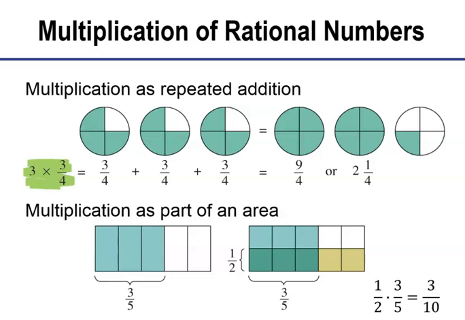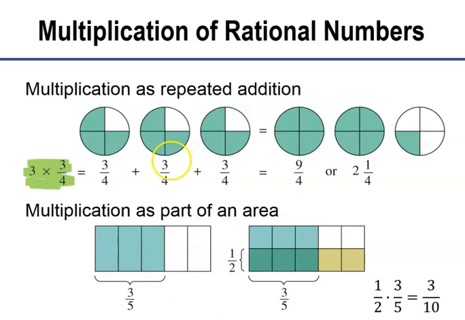Now, we know from a previous section when we defined multiplication originally on the whole numbers that repeated addition is what multiplication is. So 3 times 3/4, we just add 3/4 3 times, and we know how to add rational numbers now from a previous section.